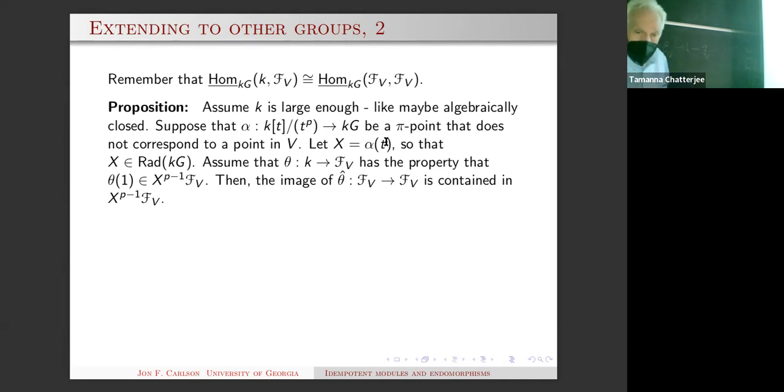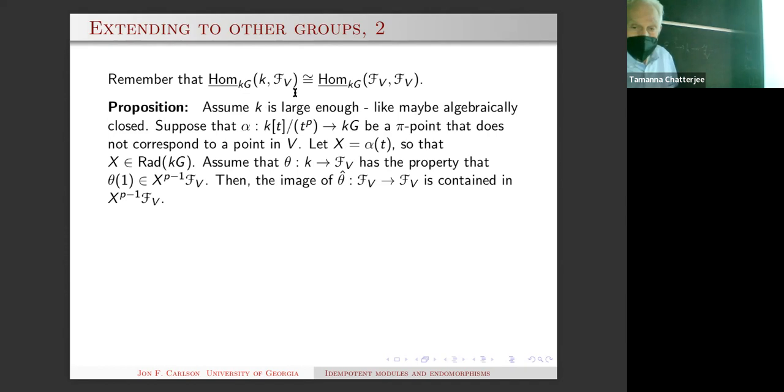alpha of T. Now, X is going to have to be a nilpotent operator. It's got to have order p. If I raise x to the pth power, I get 0. It's in the radical of kj. I assume that I've got one of these thetas in f of v, so that's going to be an element in here.